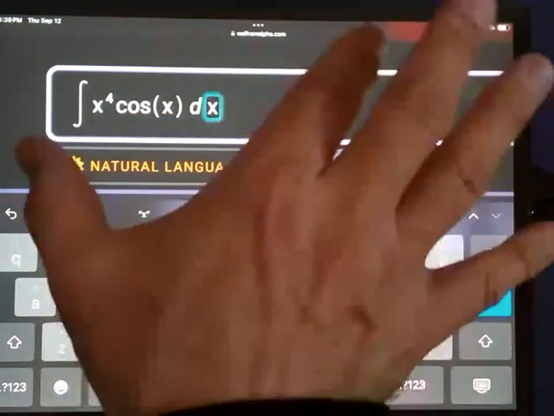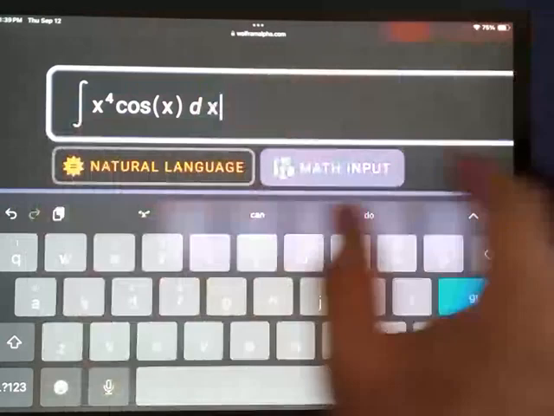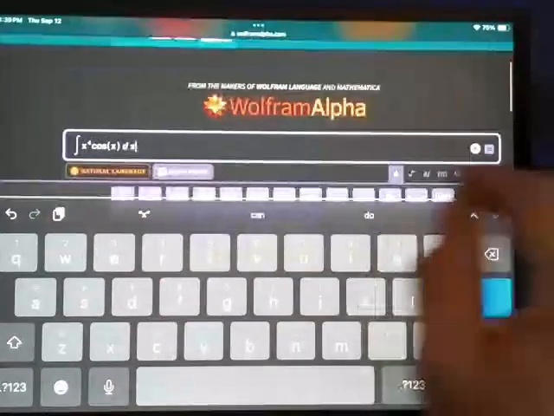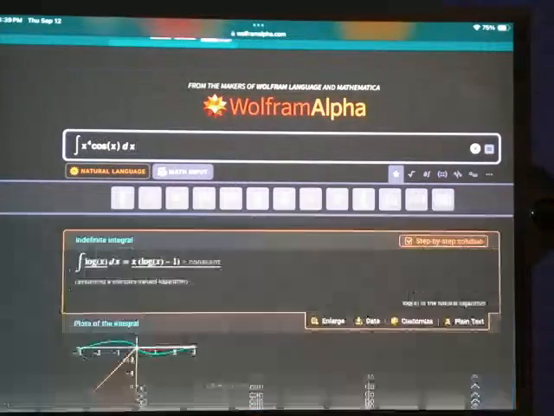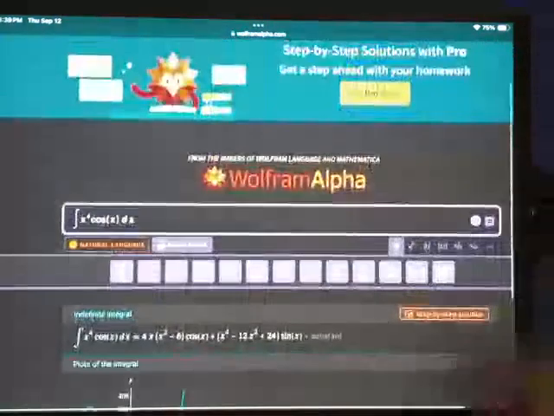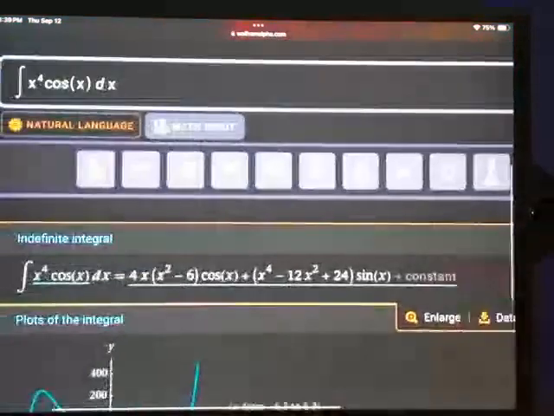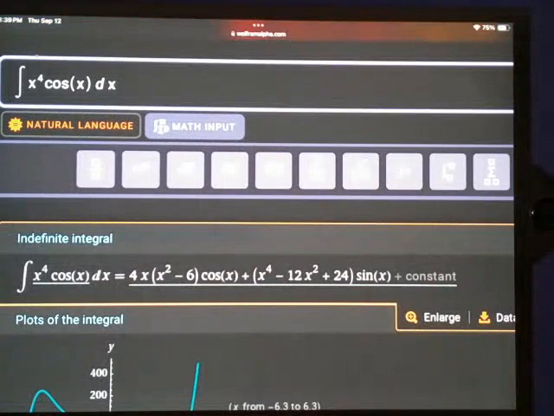We did integration by parts 4 times for this and ended up with 5 integrals total. Not only did it do it, it factored it. It grouped it. All the cosine terms, all the sine terms.